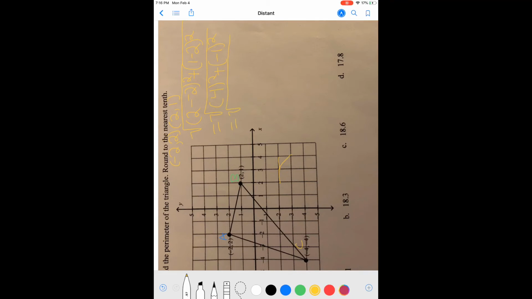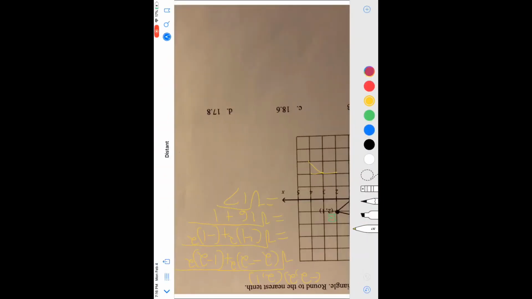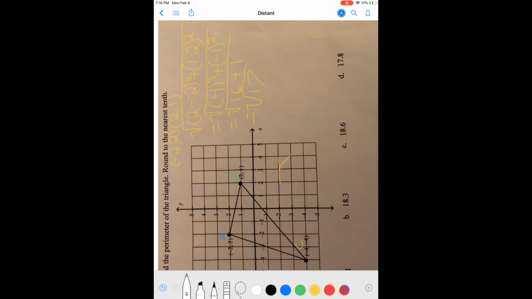And then we have 4 squared, which is 16, plus negative 1 squared, which is just 1. So we get the square root of 17.